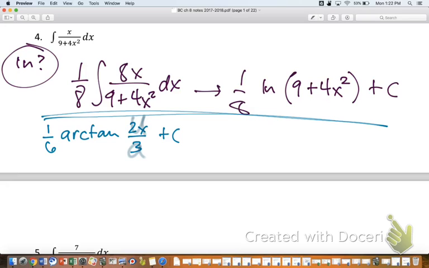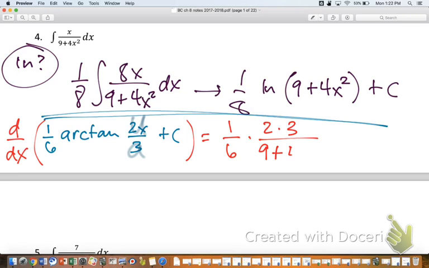Okay, so if I was going to take that and differentiate it, I'd get 1/6 times, for arctangent, u prime a over a squared plus u squared. So u prime is 2, a is 3, over a squared plus u squared.